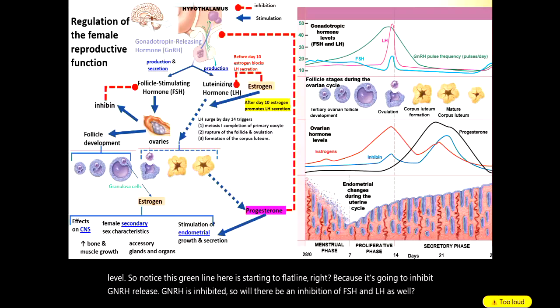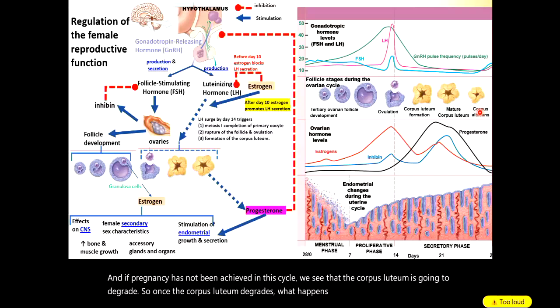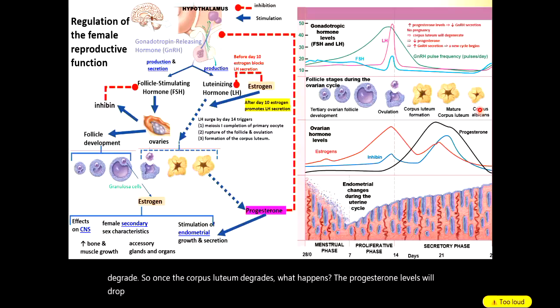And if pregnancy has not been achieved in this cycle, we see that the corpus luteum is going to degrade. So once the corpus luteum degrades, what happens? The progesterone levels will drop, and once the progesterone levels drop, then GnRH levels can increase again, and that will start an entirely new cycle.